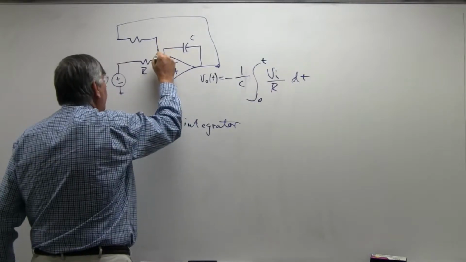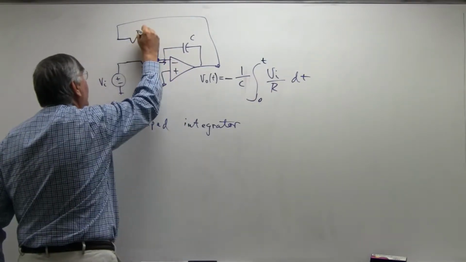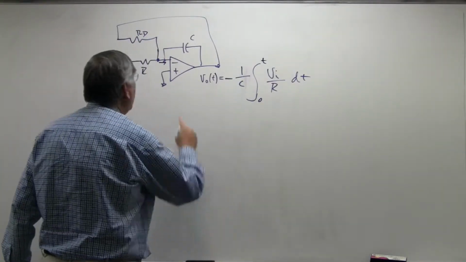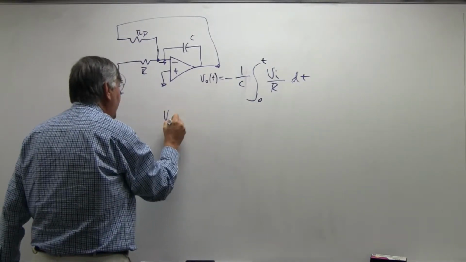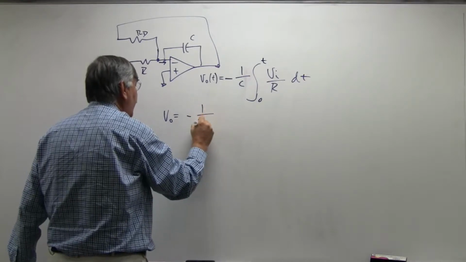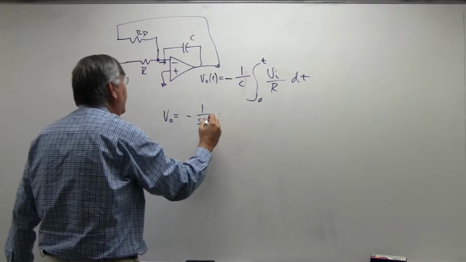The total current that flows through this branch now is, let me call this RD for damping. And the current that flows to the output, so I'm going to have in the frequency domain, V out equals minus 1 over SC times the current that flows into this thing.